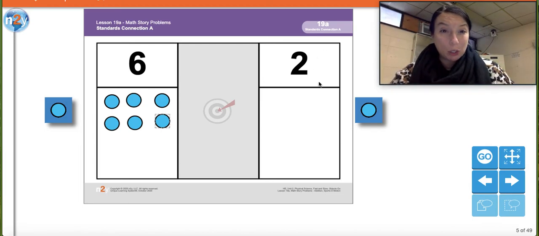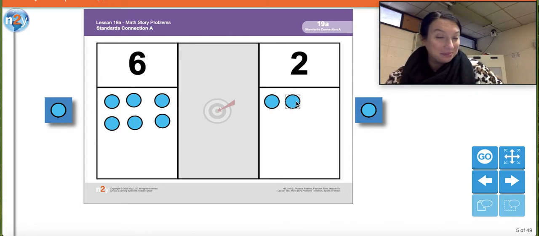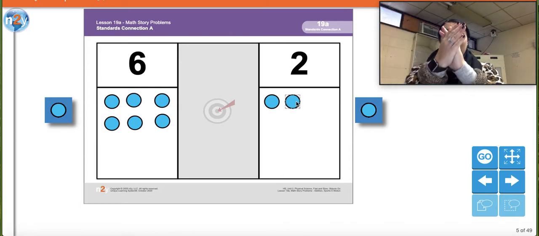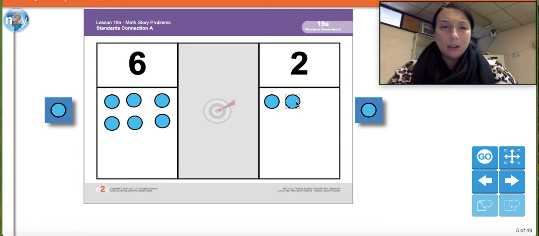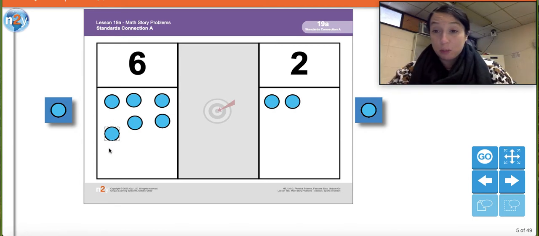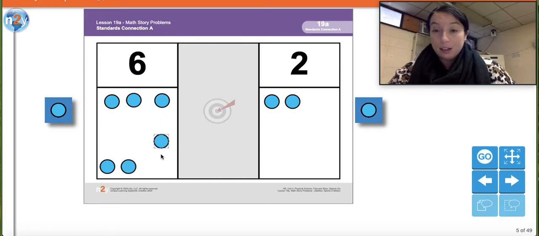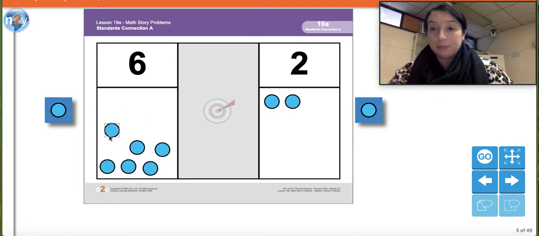So let's go to our number 2 right here on the right. 1, 2. Let's clap it out. 1, 2. So Miss Ashley really should put the markers on the bottom to start with, but I'm going crazy today. So let's use our strategy and put all of the numbers on the bottom.